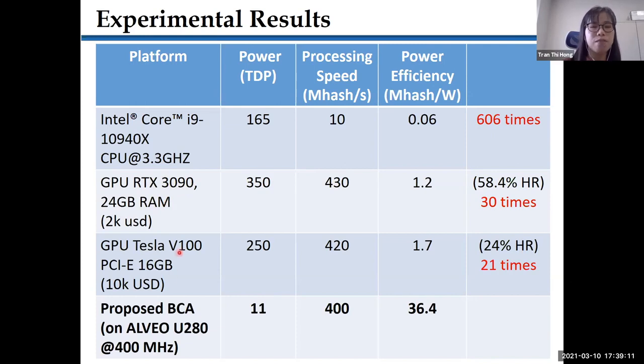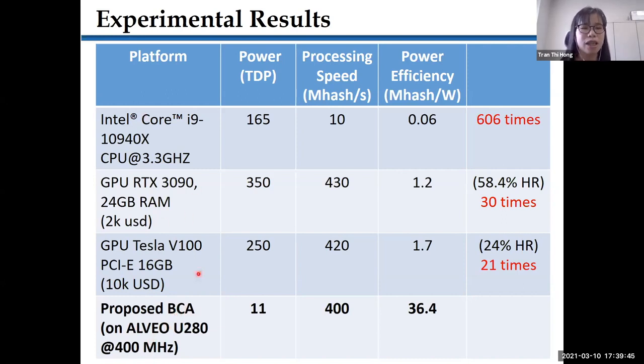And the GPU Tesla V100 is also a very fast GPU nowadays. The price for the RTX 3090 is now about $2,000 for one board, and the GPU Tesla is about $10,000 for one GPU. It's very expensive because it's high-end technology. And this is our proposed BCA. We synthesized it in the FPGA.